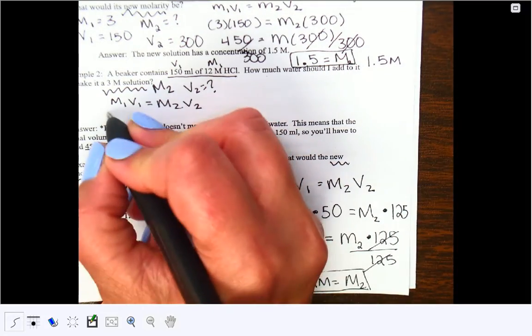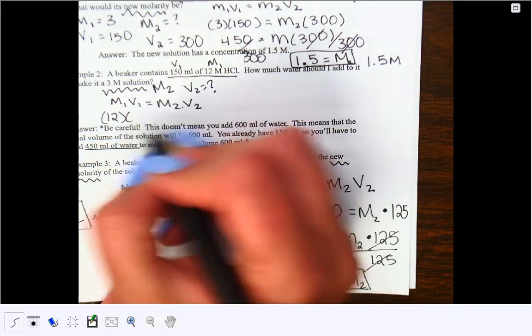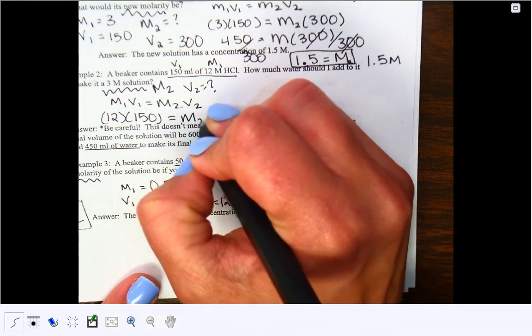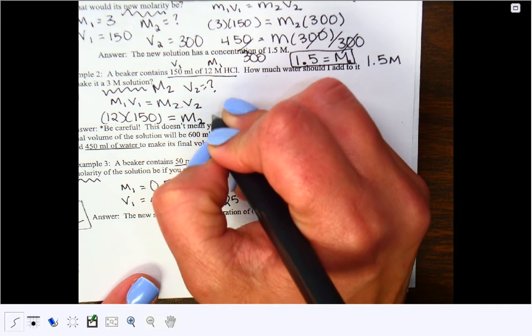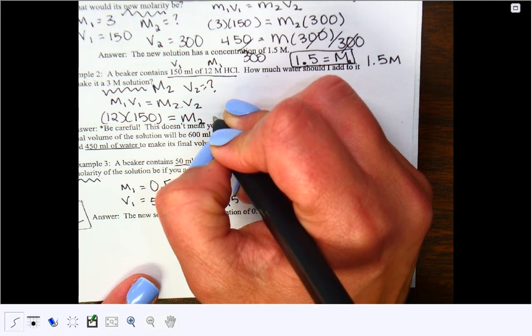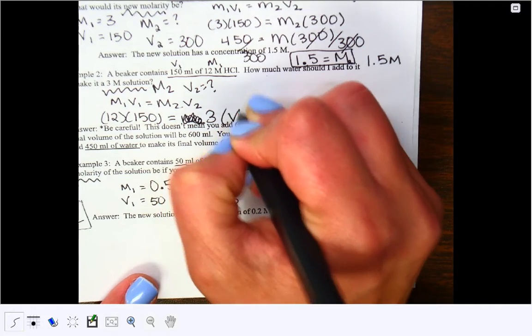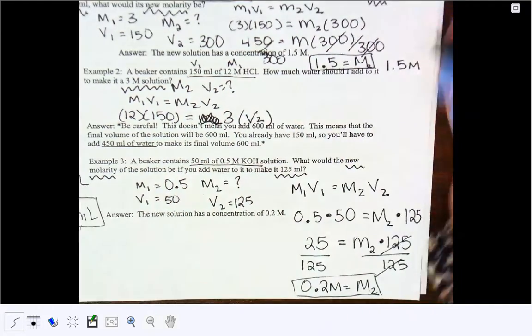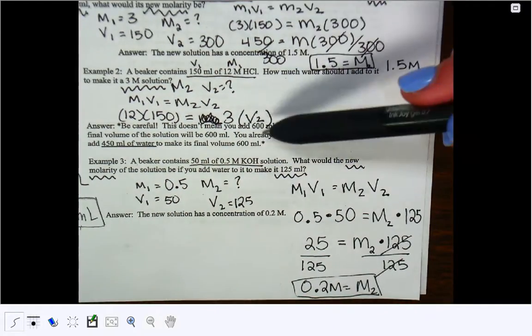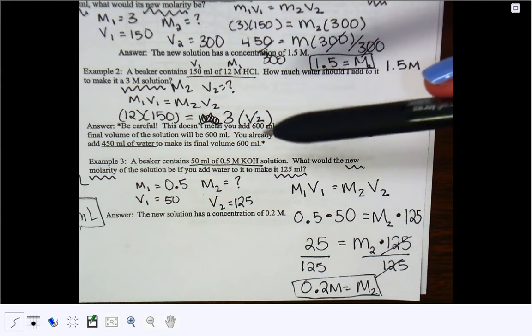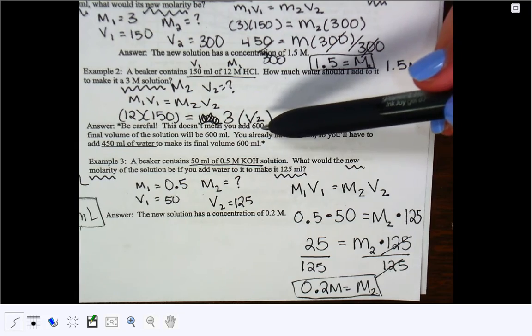So I'm going to go ahead and say 12 times 150 is equal to M2 times, oops, my bad. We're going to have 3 times V2. There we go.